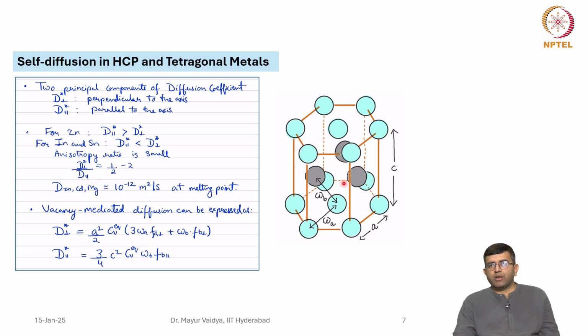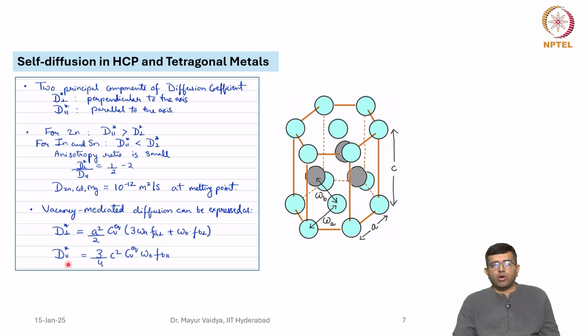Remember, perpendicular to the C axis is the basal plane here. Now, you have vacancy mediated diffusion. So, omega A is the exchange along this direction, omega B is the exchange along this direction. Therefore, there are two different types of frequencies that come into the picture.